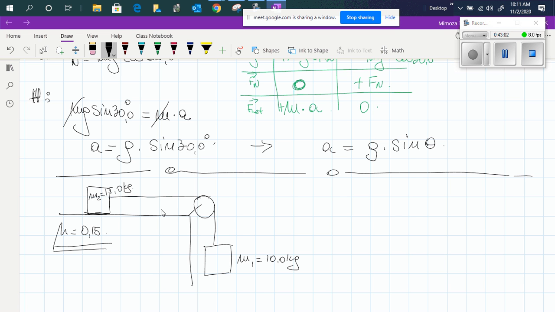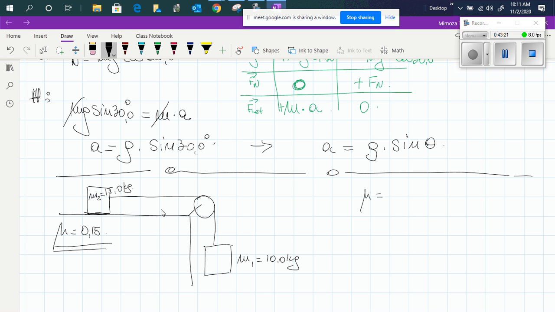And when you see the coefficient of friction, it is the ratio between force of friction and force normal. So it is always less than 1.